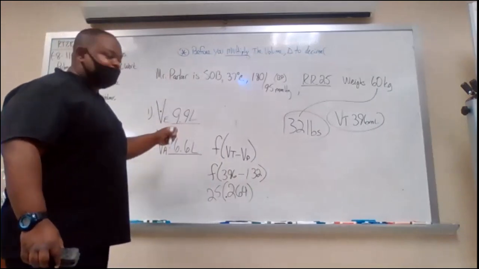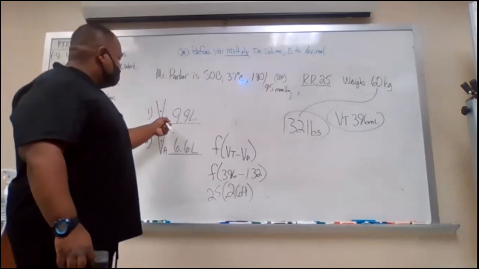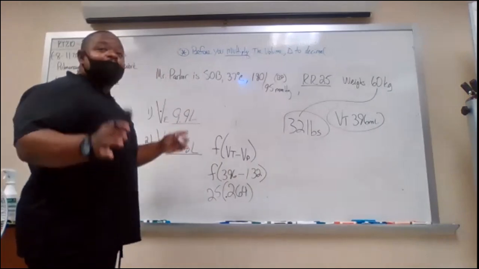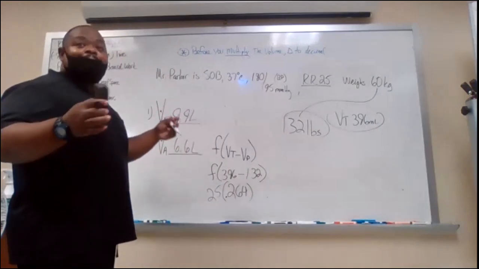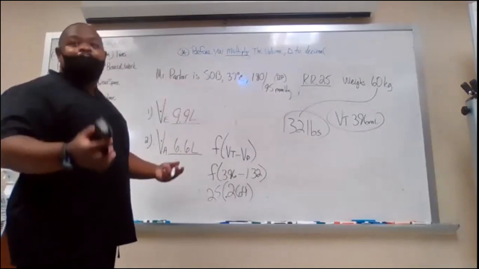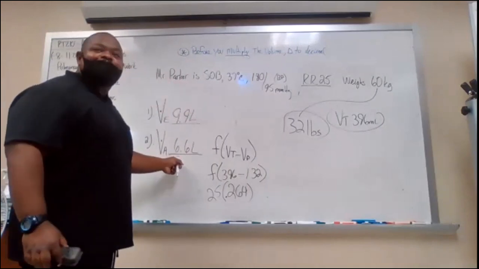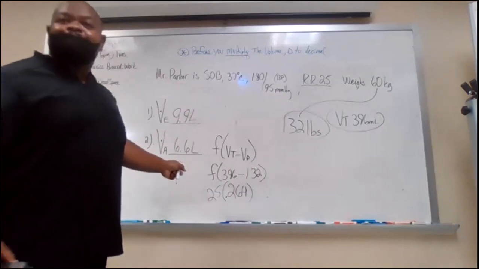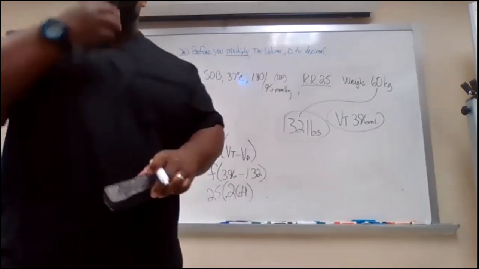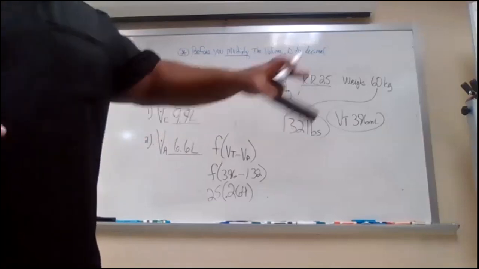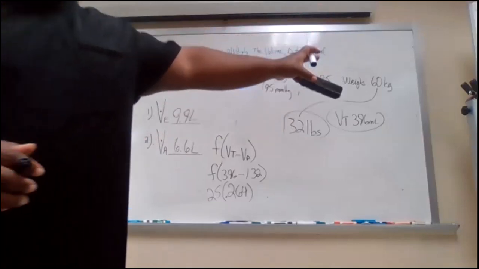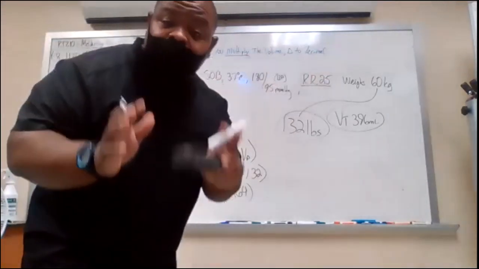So look at this one right here. Totally, there are 9.9 liters of gas going in and out of his lungs every minute. But only 6.6 liters of that is taking place in gas exchange, right? The magic happens in the alveoli.